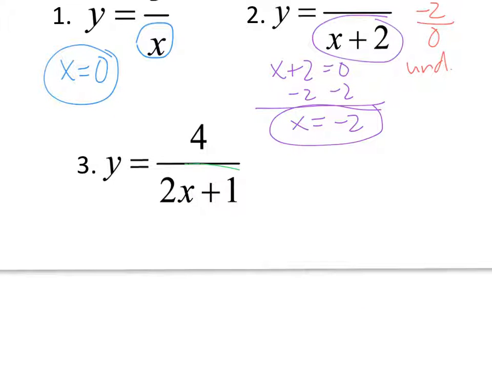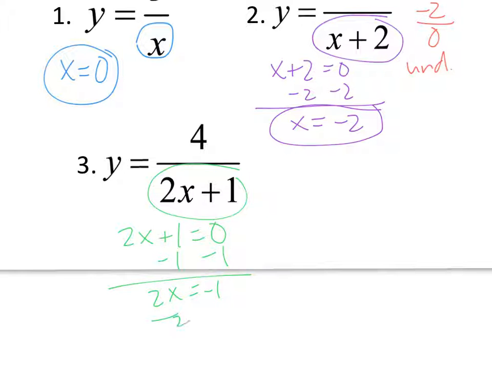All right, number 3, now I'm going to set 2x plus 1 equal to 0. Subtract 1, get 2x equals -1. Divide by 2, so this excluded value here is x equals -1/2.